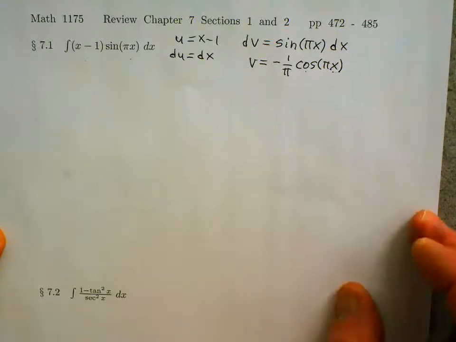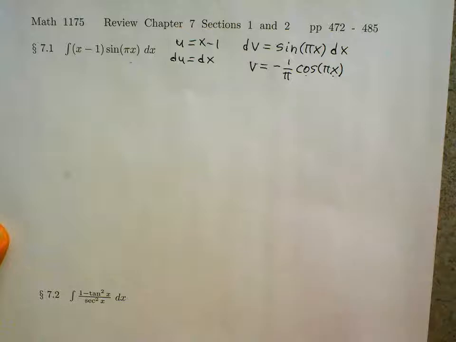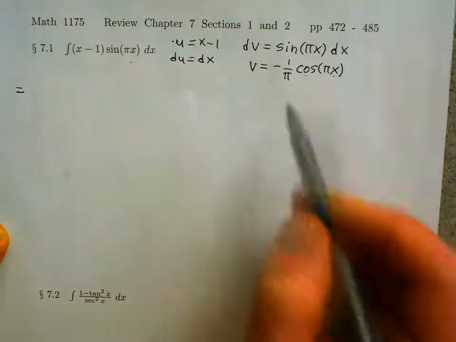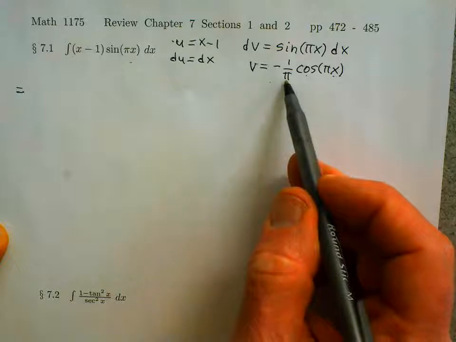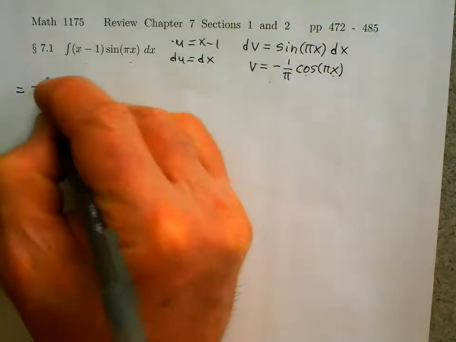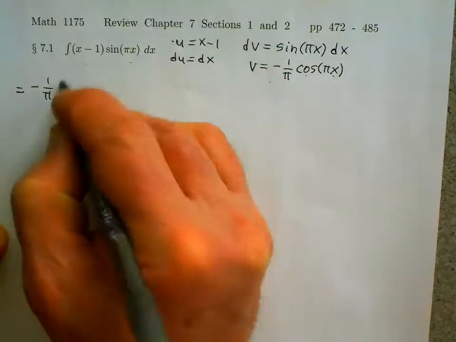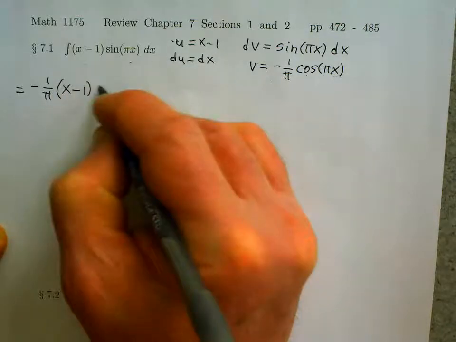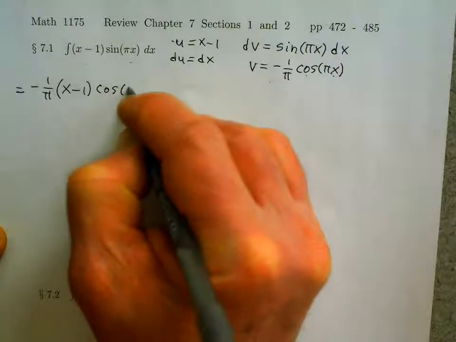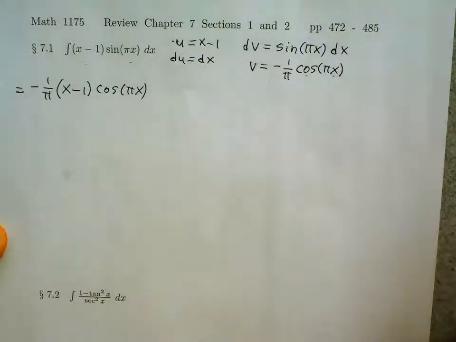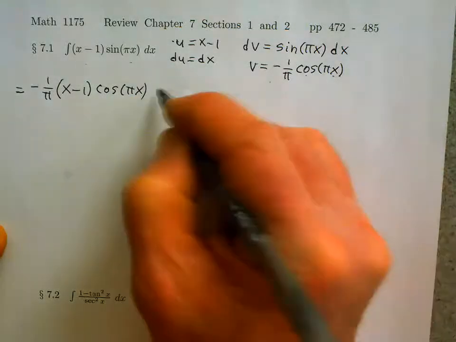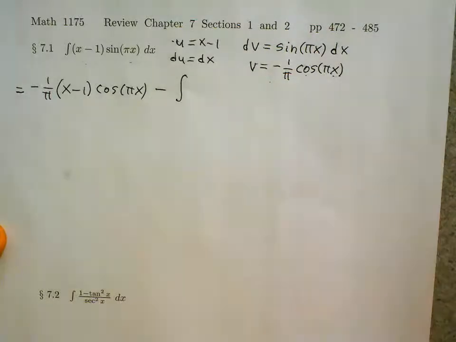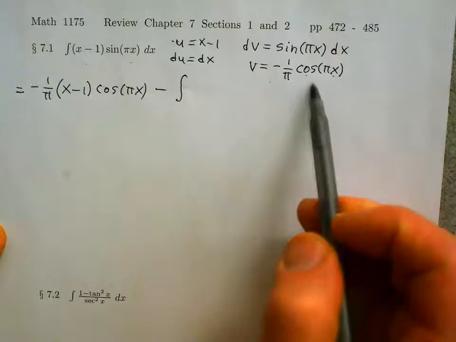Okay, the integration by parts formula. So u times v, I'll rearrange the factors a little bit. I'm going to write negative 1 over pi times the quantity x minus 1 times cosine of pi x. And then we subtract the indefinite integral of v times du.